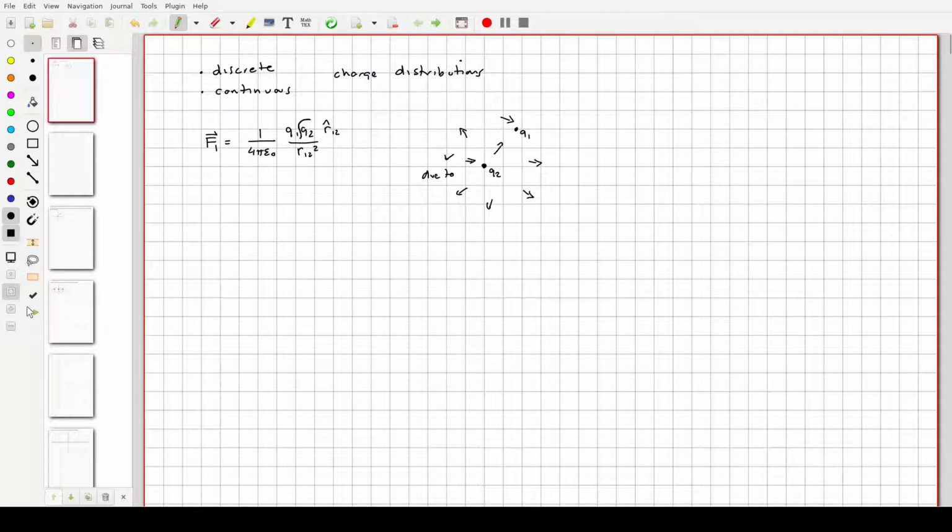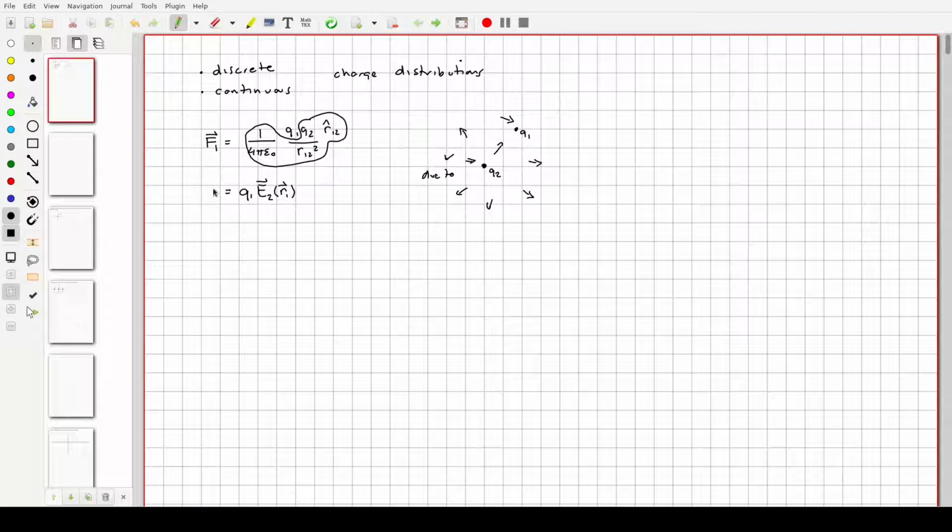So what we say is that this right here belongs to Q2. Now you would write this the following way. The force that Q1 feels is a consequence of placing Q1 in the presence of the electric field due to Q2. Now, we're interested in what the electric field looks like at Q1's location.